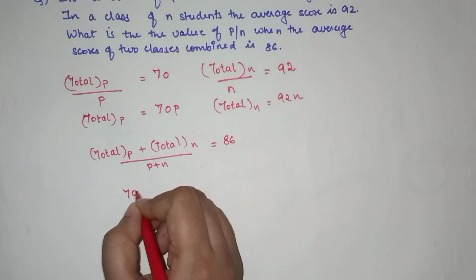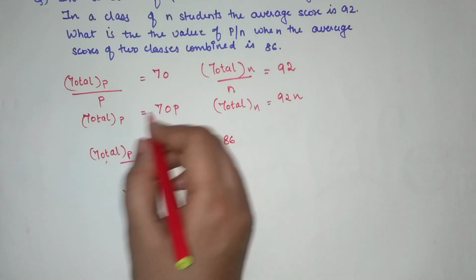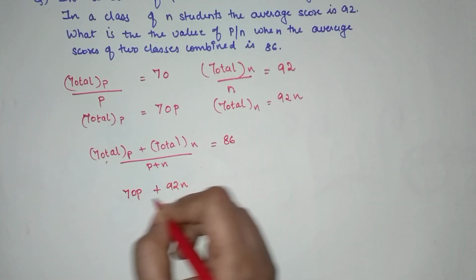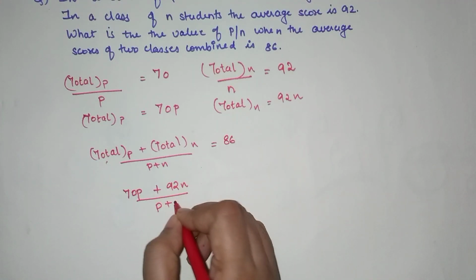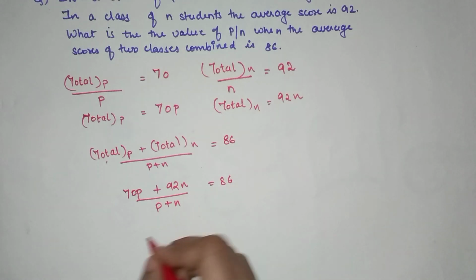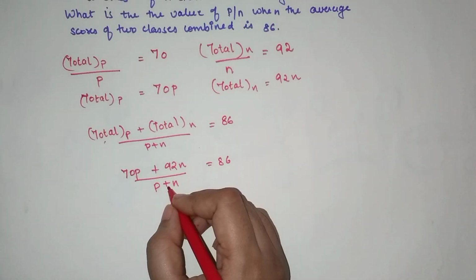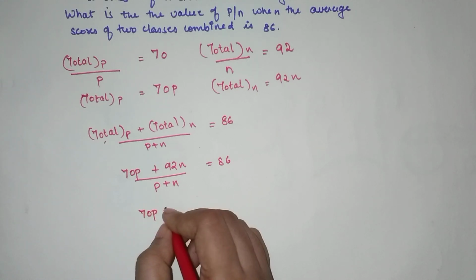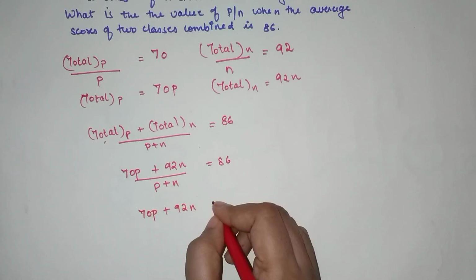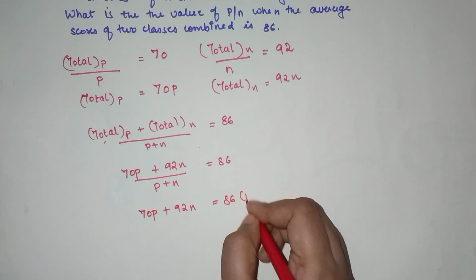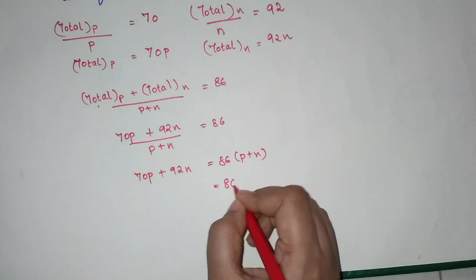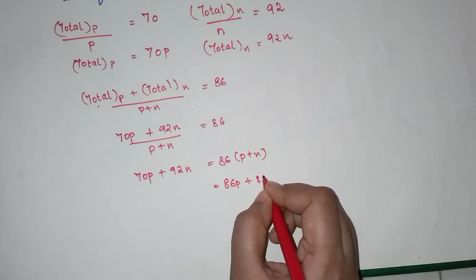So 70P, I'll write that in place of total, plus 92N upon P plus N is equal to 86. Solving this further, I'm going to shift P plus N on this side. So 70P plus 92N is equal to 86 times P plus N. Opening the bracket, I get 86P plus 86N.